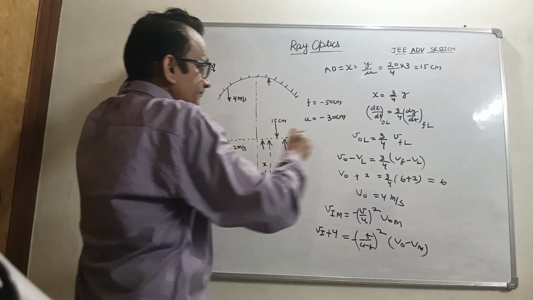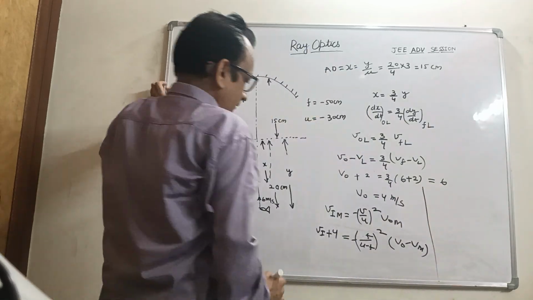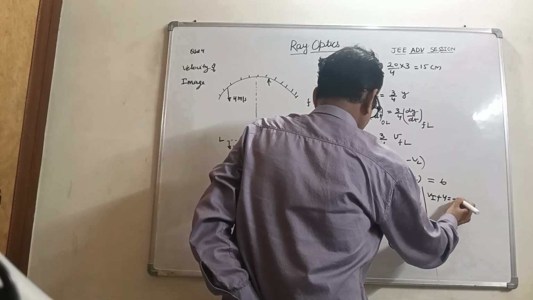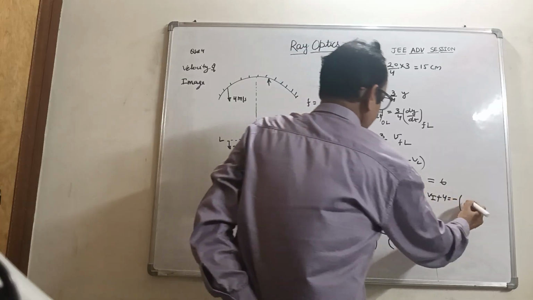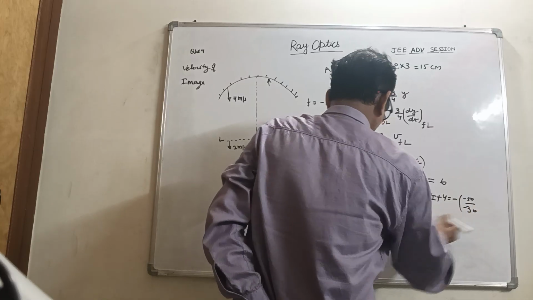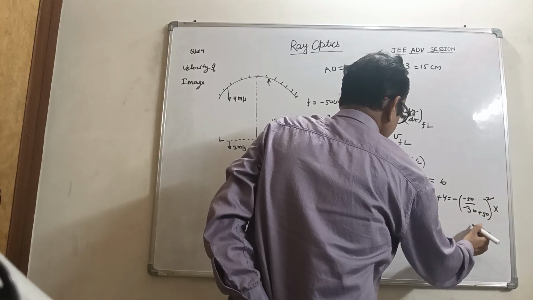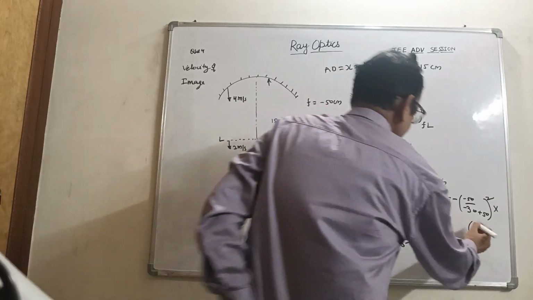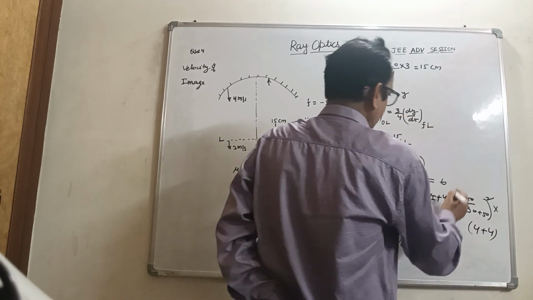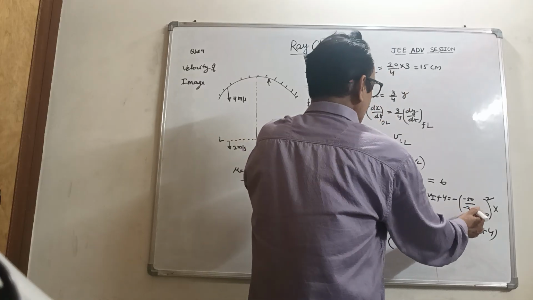So putting the value here, velocity of image: plus 4, minus, focal length is minus 50, and u is minus 30, minus minus plus, this becomes plus 50 square cross velocity of object is 4, velocity of mirror is in the downward direction, this will be 4. On solving, vi would be this would be 5 by 2.